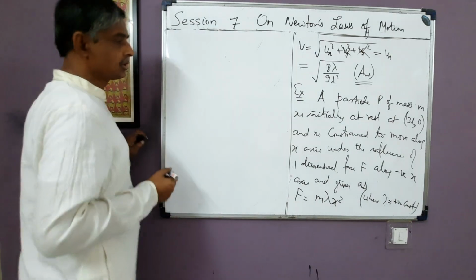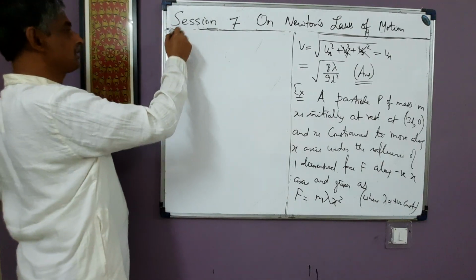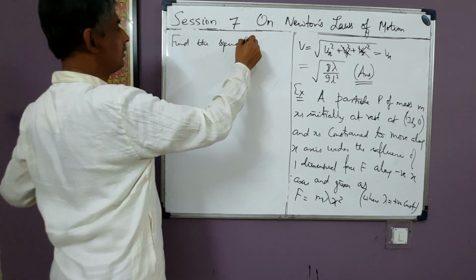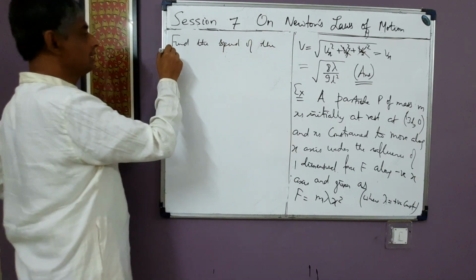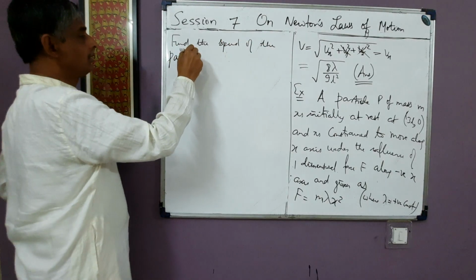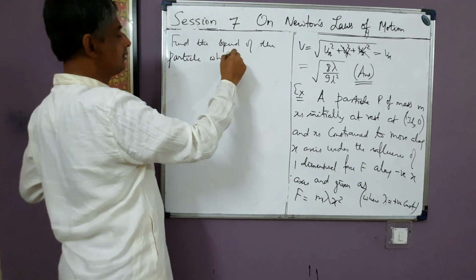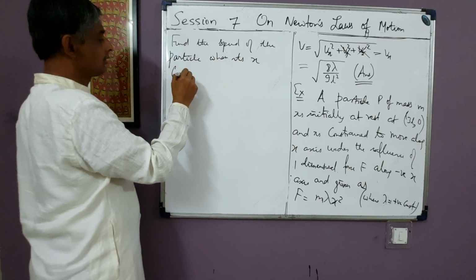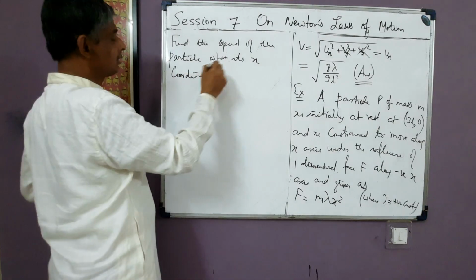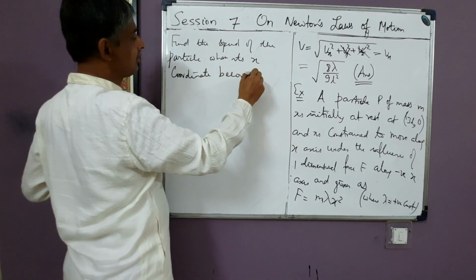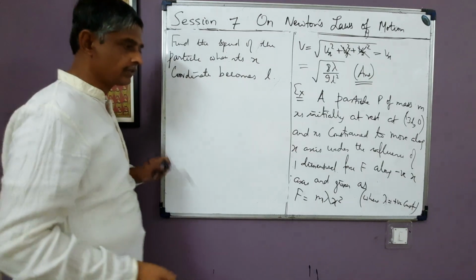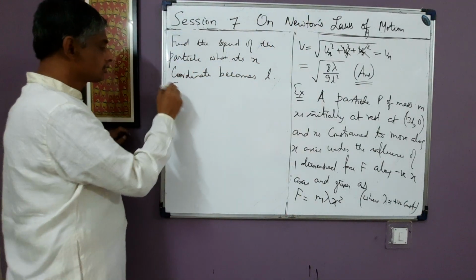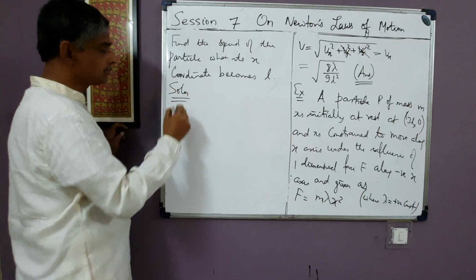The question is: find the speed of the particle when its x coordinate becomes L. This is what you have to find. So how to solve the problem?